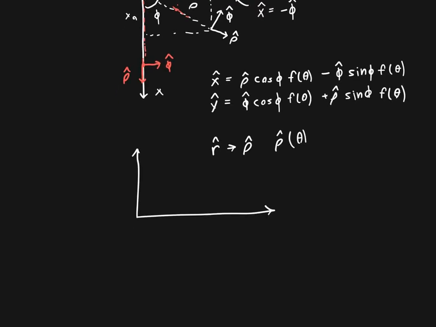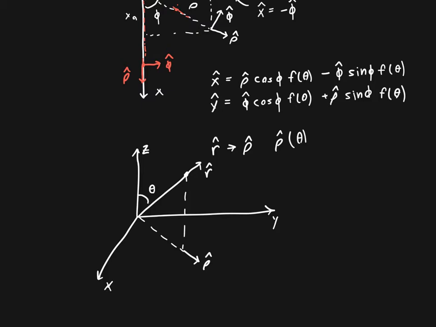So if this is again our x coordinate, our y coordinate, and our z coordinate, and we've got our point, we project it down, we had our initial r hat vector, and then we have our rho hat vector. And to figure out how they depend on each other, we're going to do exactly what we did above. We're going to see what happens when theta equals pi over 2.